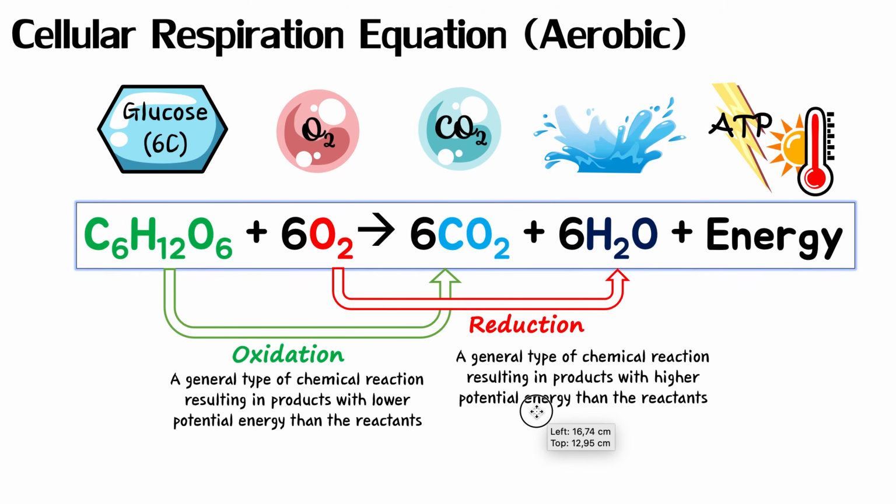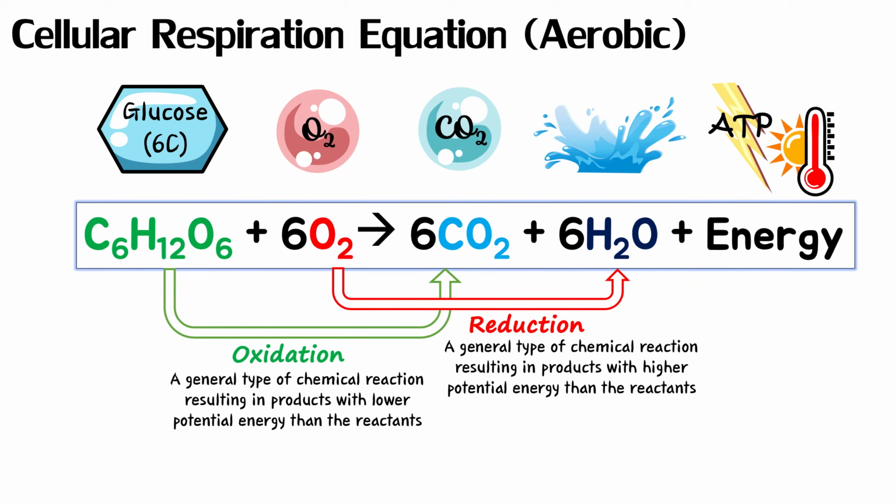Again, this is going to be much more explained in HL, but what you should know is that in this reaction, there's an oxidation reaction happening and a reduction reaction happening. An oxidation reaction is a kind of chemical reaction in which the reactants have a higher energy than the products, and that makes sense because we know that glucose has a lot of energy stored inside it, and we want to release it as ATP.